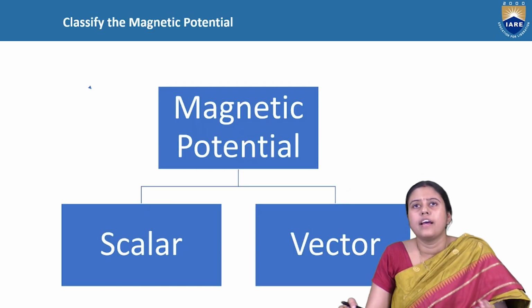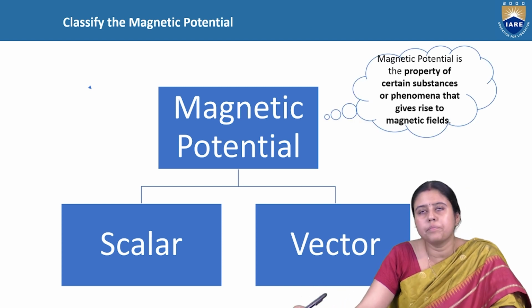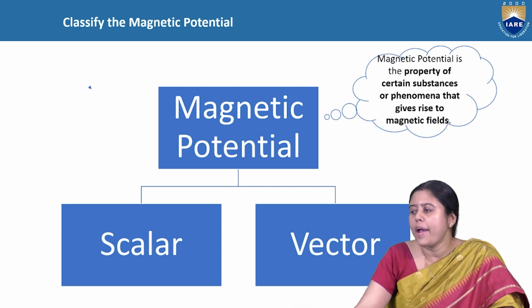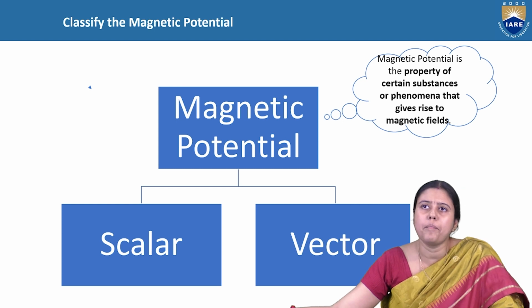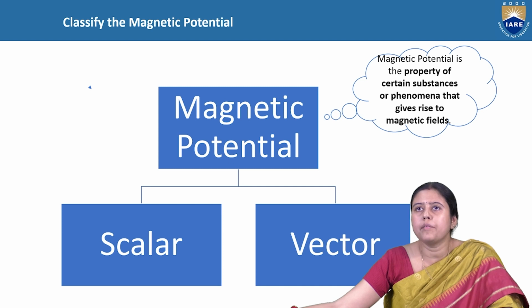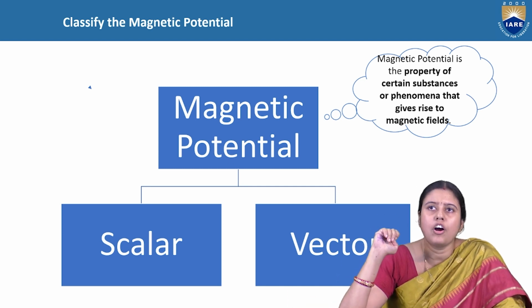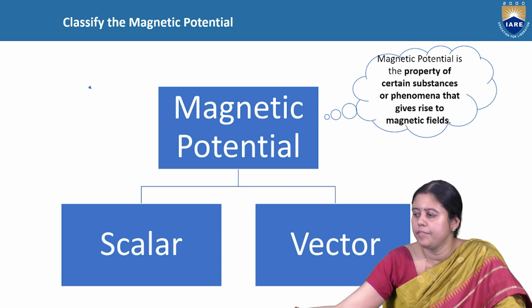Next question is: classify the magnetic potential. What is magnetic potential? Magnetic potential is the property of certain substances or phenomena that gives rise to the magnetic field.